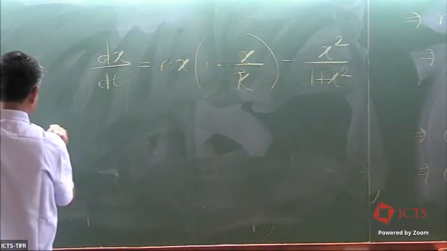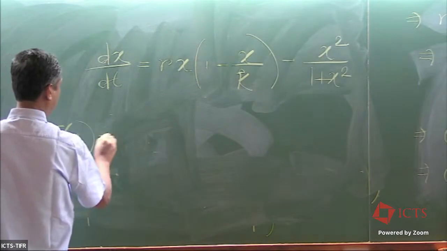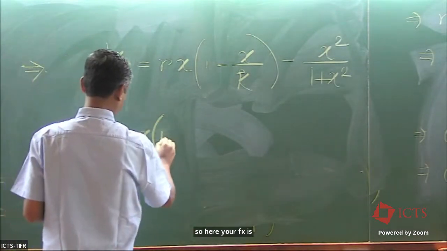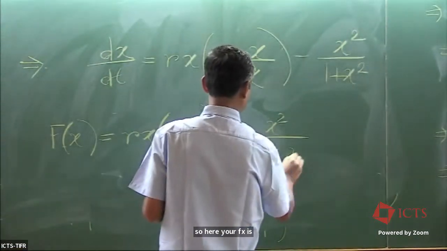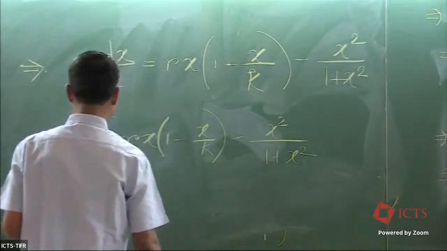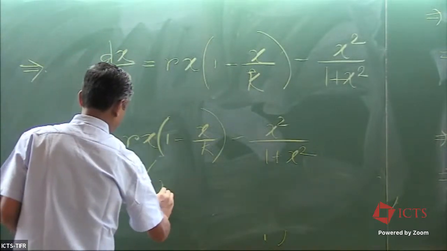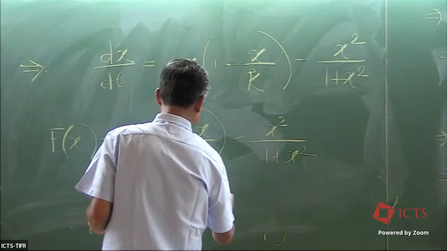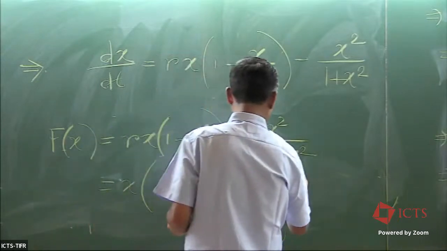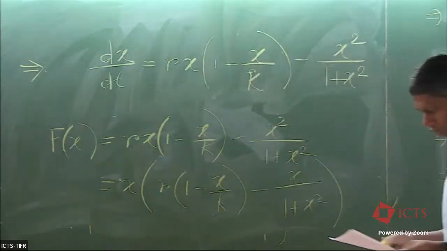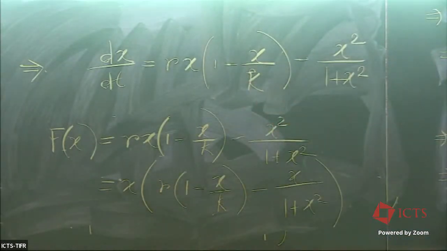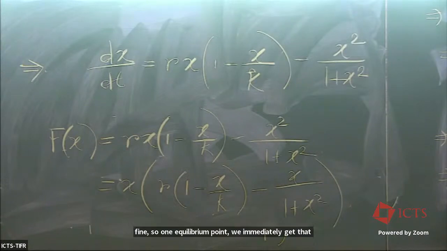So here is your f(x). One equilibrium point we immediately get is x equals 0.